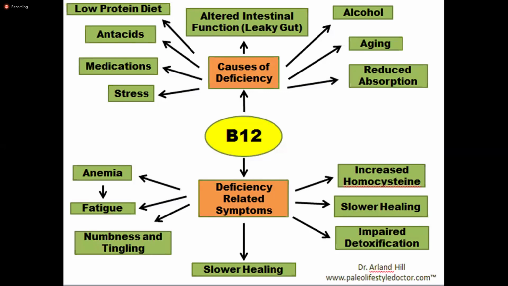And the symptoms mostly are anemia. The first symptoms may be fatigue, numbness, and tingling experiences in the limbs, especially the fingers and the feet. Fatigue is one of the important symptoms, and that may be due to anemia. There is also slower healing when there is a deficiency of vitamin B12, and in the blood you will find a high level of homocysteine.